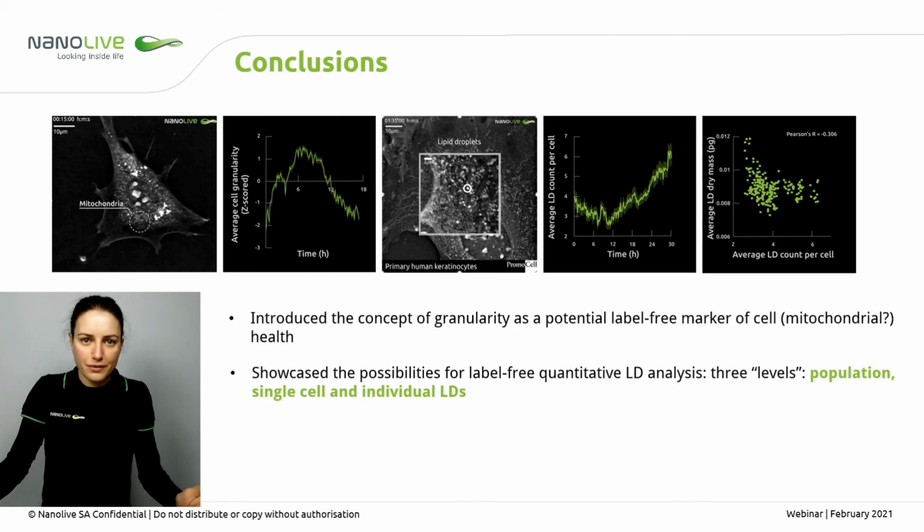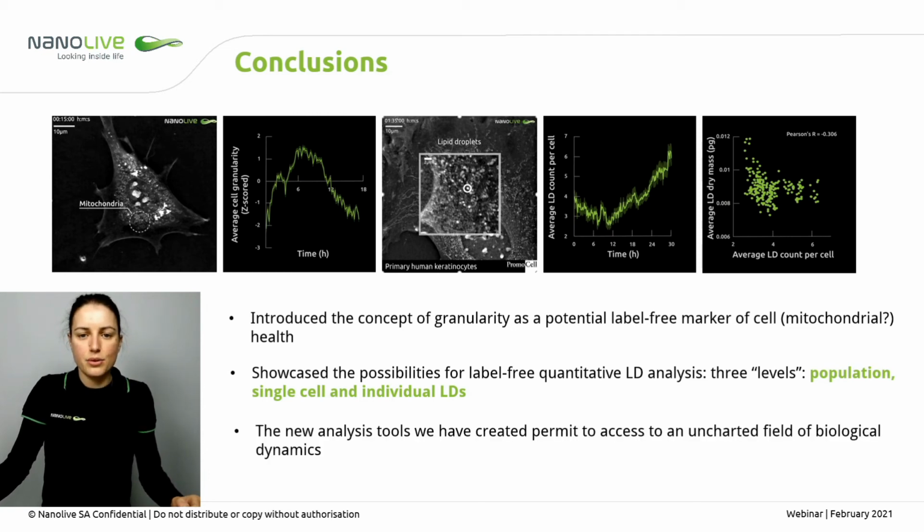And we are very confident here that the new analysis tools that I've described today really permit us to access an uncharted field of biological dynamics. But this is just a small fraction of what is possible using our technology. So if you do want to know anything further about the image analysis tools that I've explained today or that we provide for our clients, then please don't hesitate to contact me in the future.